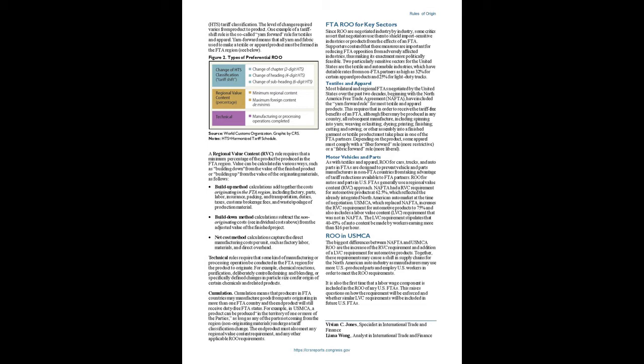Textiles and apparel. Most bilateral and regional FTAs negotiated by the United States over the past 2 decades, beginning with the North America Free Trade Agreement (NAFTA), have included the yarn forward rule for most textile and apparel products.